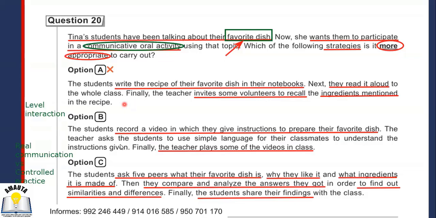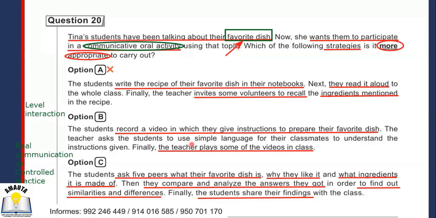What about here? Do they interact with each other? When they present, when they record a video and then the teacher plays the video in class, do students interact with each other? No, right? They don't interact. The video part is very interesting because the students use the language in a meaningful way, because they talk about their favorite dish, right?